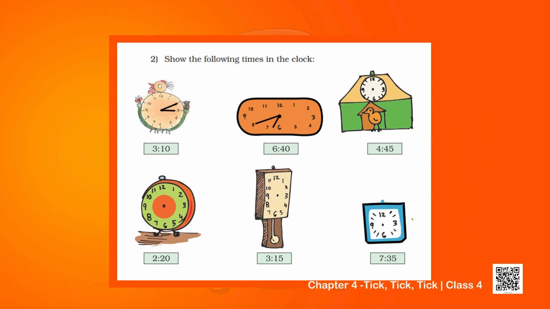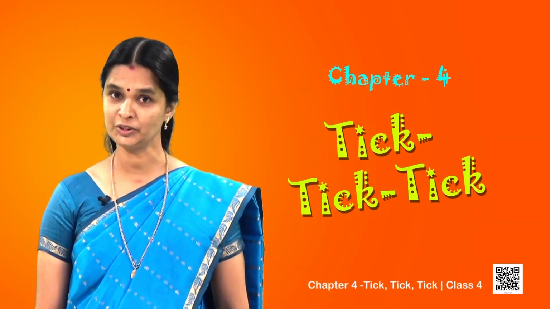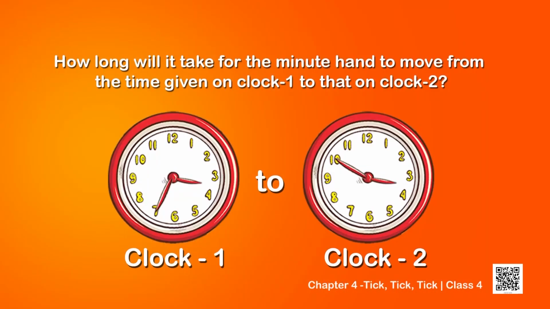Try to draw the clock hands for the remaining clocks also in the same way. Will you do it? Okay. Now, I will show you 2 clocks. And what you need to do?